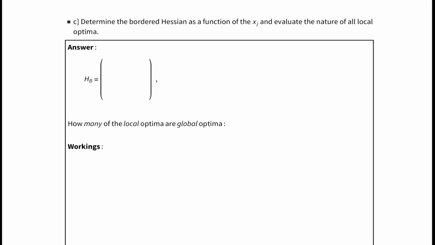So the bordered Hessian is defined as the first partial derivatives of the constraint, so the partial derivative of the constraint with respect to x1, x2, and x3, and that follows over here. And then we just have the Hessian over here. The Hessian is just the second order partial derivatives of the Lagrangian function in this case.